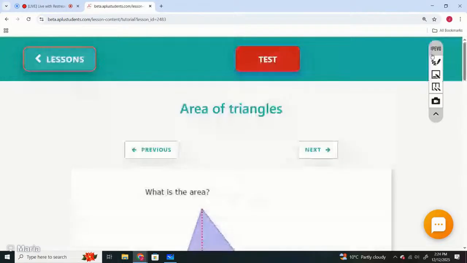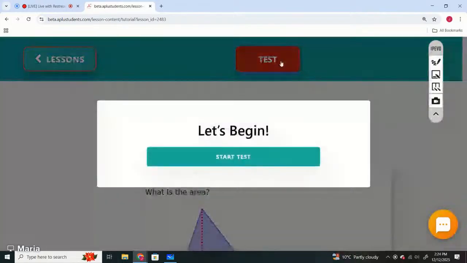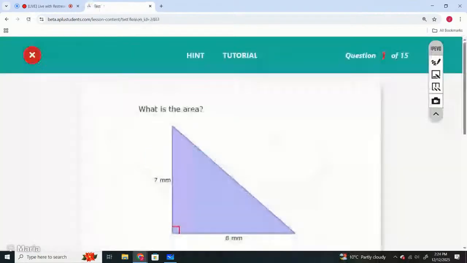Let's just start with the test questions. What is the area?